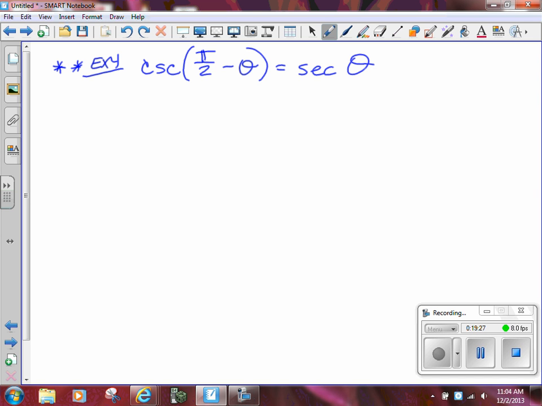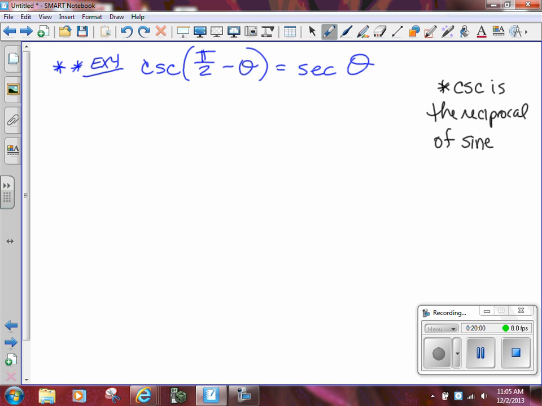Do I have a formula on my card that is cosecant difference? What now? Oh, we have to do the reciprocal. Cosecant. Make your little thought section over here. Cosecant is the reciprocal of what function?